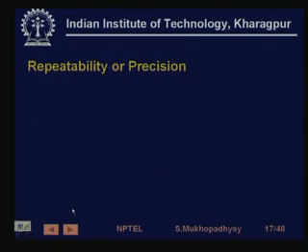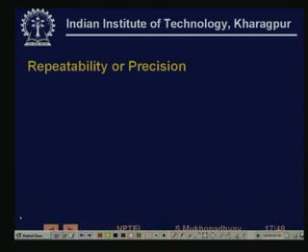Similarly, we are also interested in what is called repeatability or precision, in the sense that today we make a measurement of the temperature of boiling water, and it is giving me some reading. Tomorrow if I take that reading, it should be nearly the same.